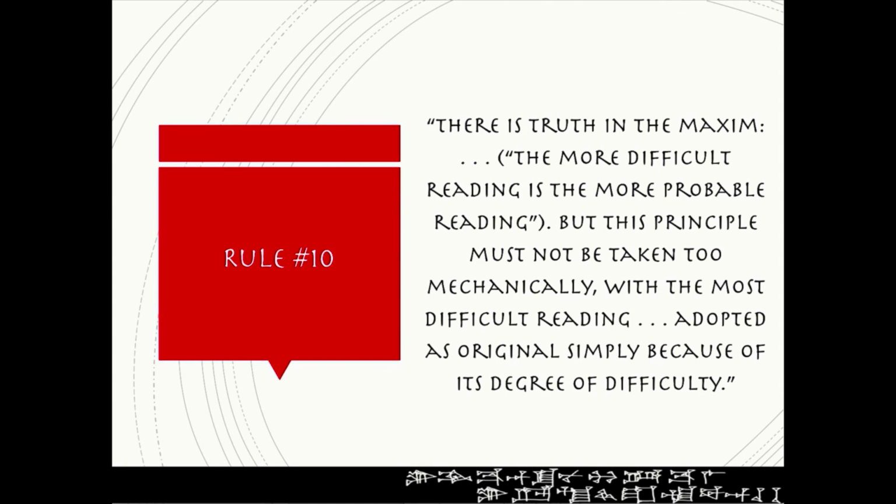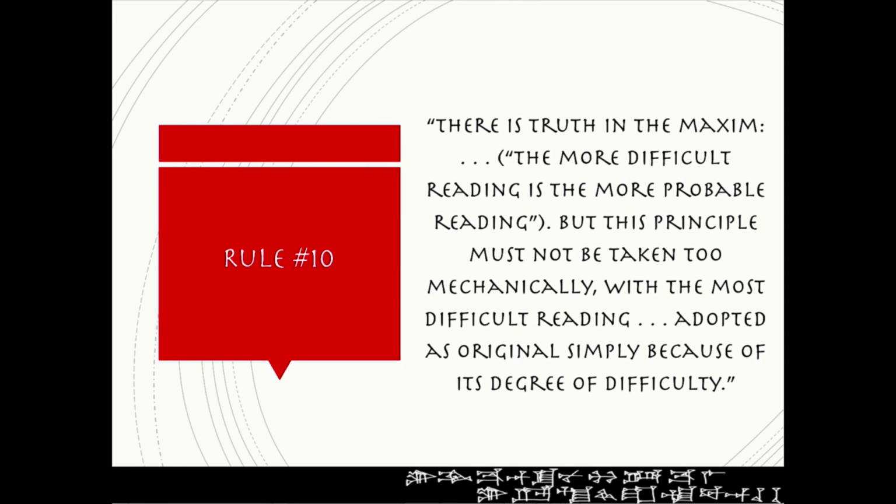Rule 10: There is truth in the maxim, the more difficult reading is the more probable reading. But this principle must not be taken too mechanically, with the most difficult reading adopted as original simply because of its degree of difficulty. It's true that the more difficult reading is the more probable because the scribe is more likely to correct it to something easier to understand.